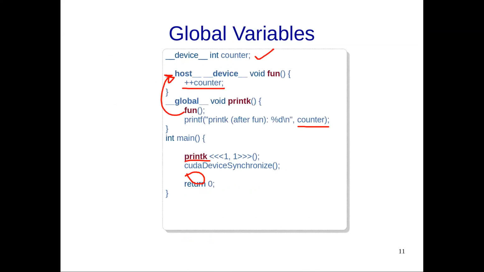Only these variables. See, these variables are like global variables which are accessible from all the device functions, including the kernel, including the device only functions. All those will be able to access that variable. So you modify from one and it will have effect in the other. So instead of counter, if I define here an array, then that array will be accessible from all the device functions. Okay, thank you.